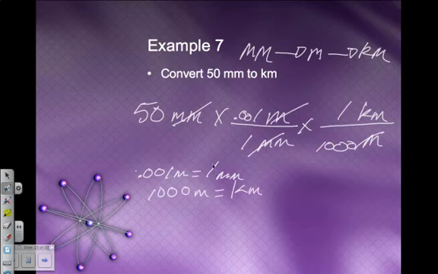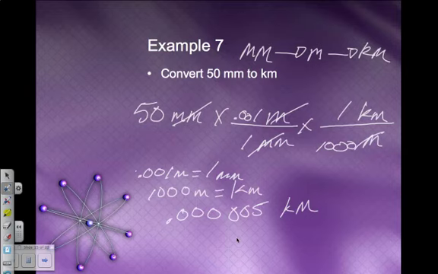I say 50 times 0.001 divided by 1,000. And that gives me 0.000005 kilometers.